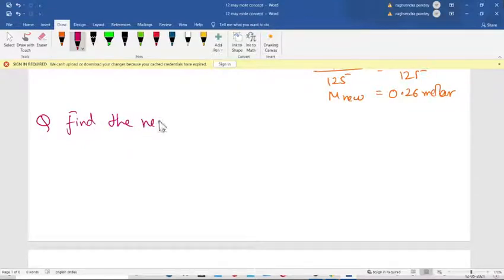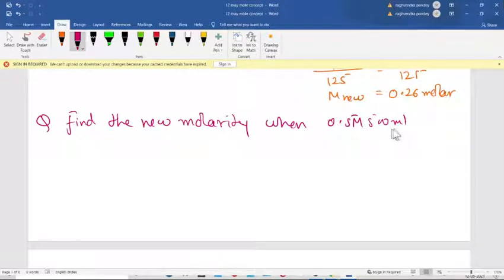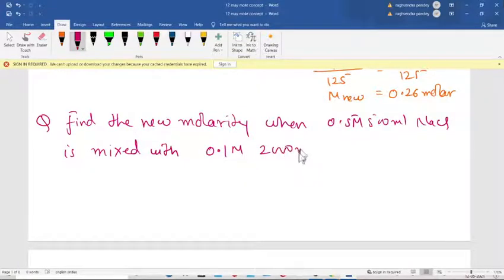Find the new molarity when 500 ml of 0.5 molar NaCl solution is mixed with 2000 ml of 0.1 molar NaCl solution.